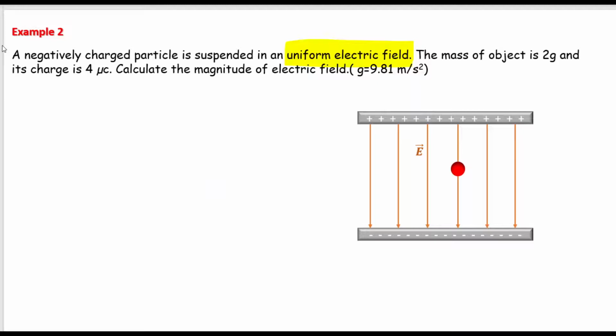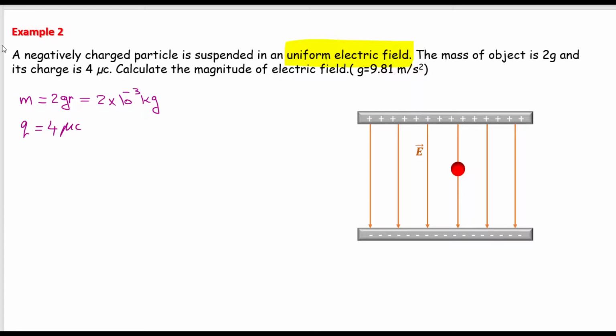Okay, then what information do I have? This particle has a mass of 2 grams. I have to convert it to kilogram: 2 times 10 to the power negative 3 kilogram. You know that 1 gram is one thousandth of 1 kilogram. And its charge is 4 microcoulomb.